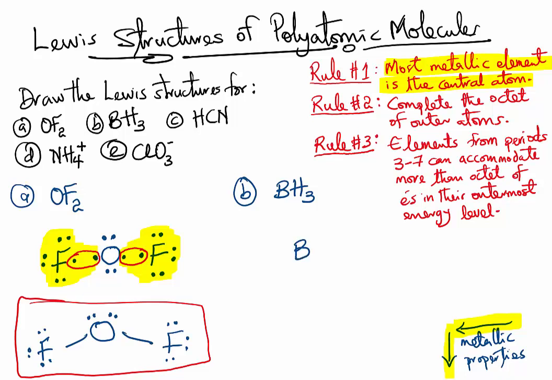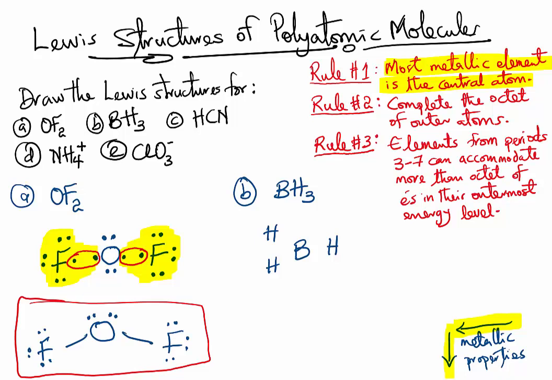And the question is, why? Well, if you look at rule number 1, as we mentioned in the previous video, hydrogen cannot be the central atom. So, by default, in this structure, boron is the central atom.